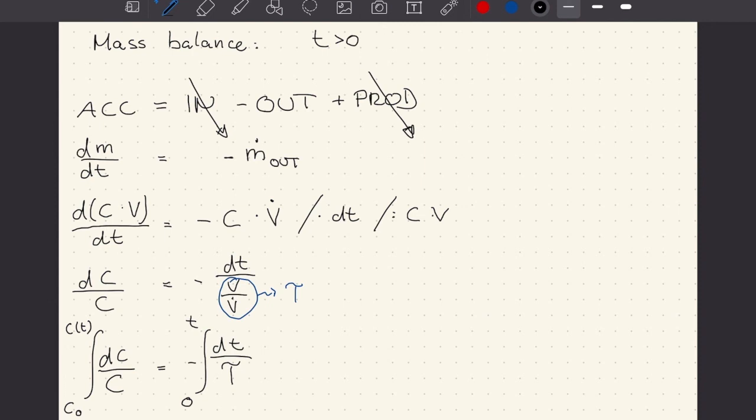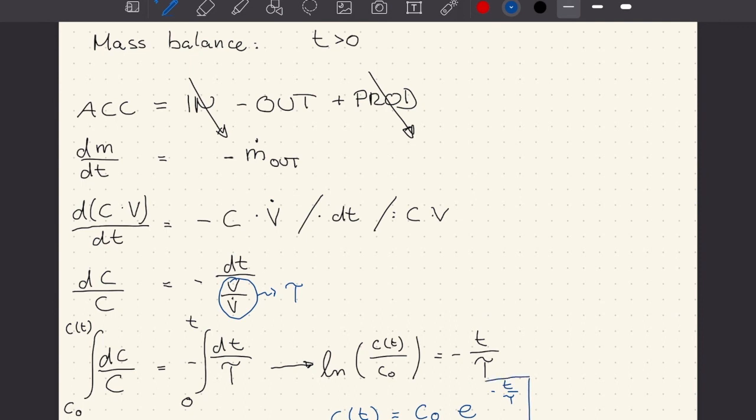And if we integrate this relationship by a separation of variables, we are left with the natural logarithm of C of t over C0, which is equal to minus t over tau. And then we can write this in our final and important relationship that describes the evolution of the concentration in the CSTR over time, which is given by C0, the initial concentration, times the exponential of minus t over tau.